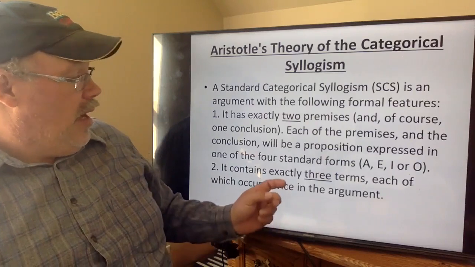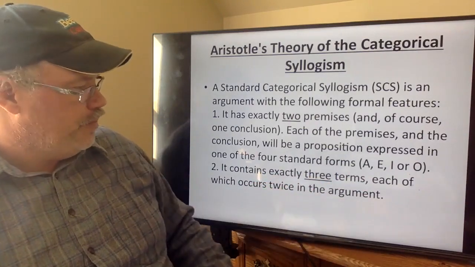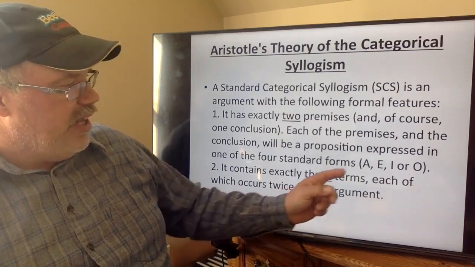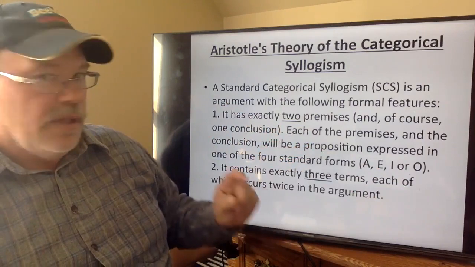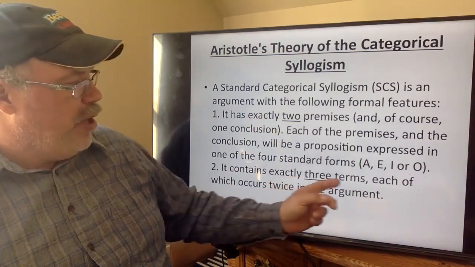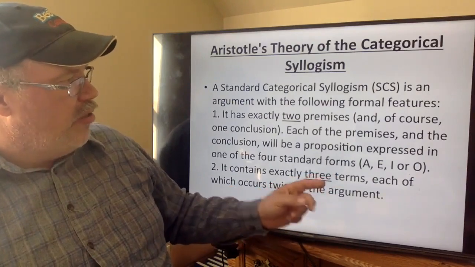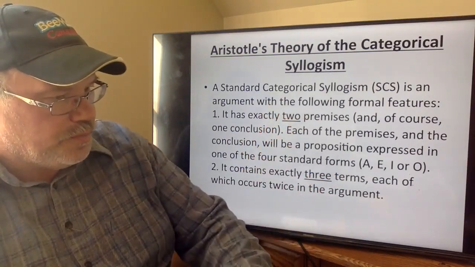And it has exactly three terms, each of which occurs twice. Remember that in each A, E, I, or O statement, there are two terms, a subject and a predicate. So when you have three terms in three statements, each has to occur twice.